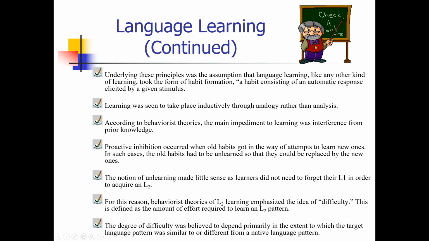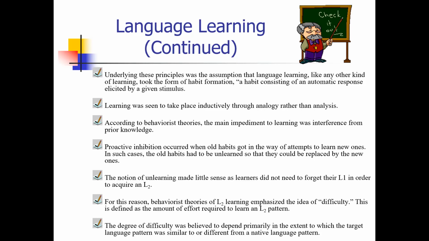And then the notion of unlearning made little sense if learners did not need to forget their L1 in order to acquire an L2. For this reason, behaviorist theory of L2 learning emphasizes the idea of difficulties.